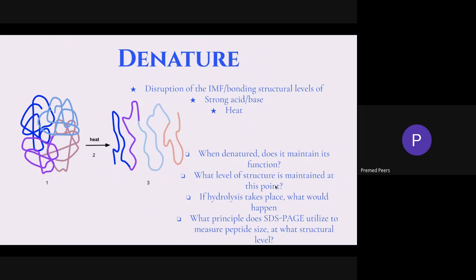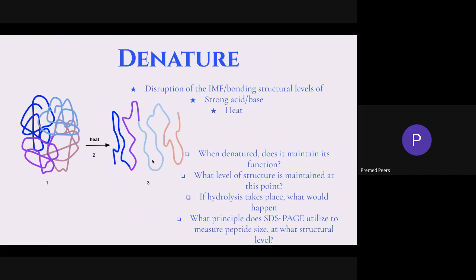And in terms of what level of structure is still maintained at this point when you apply the acid and base or detergent or some level of heat, what kind of structure would still be maintained? You see that right here is showing that it is in a squiggly string.